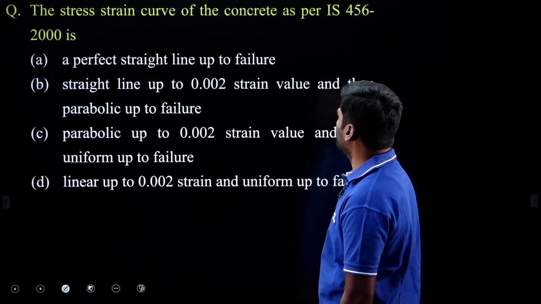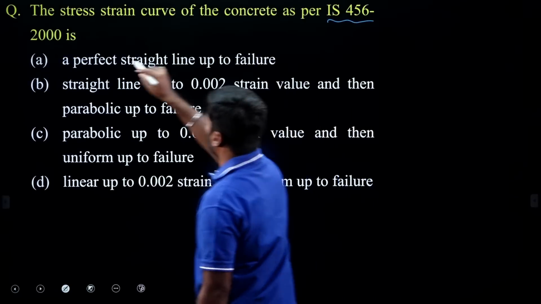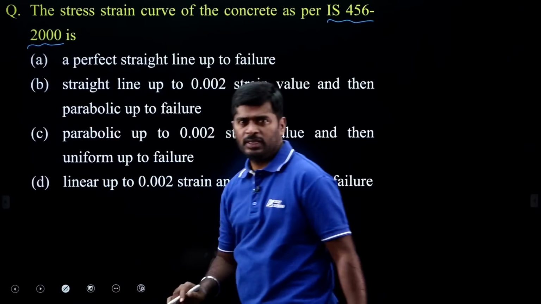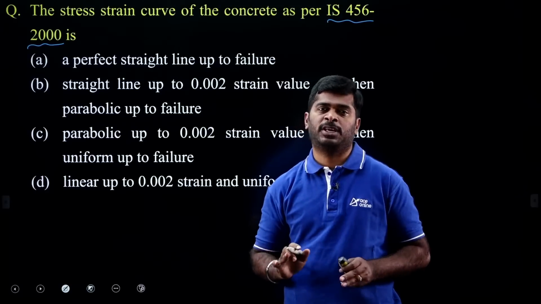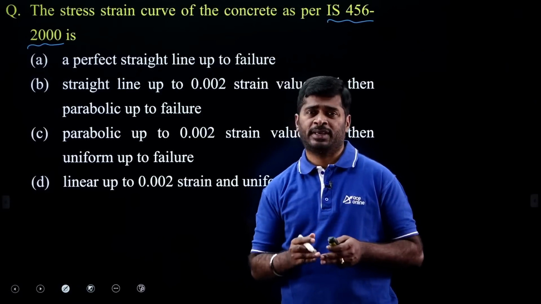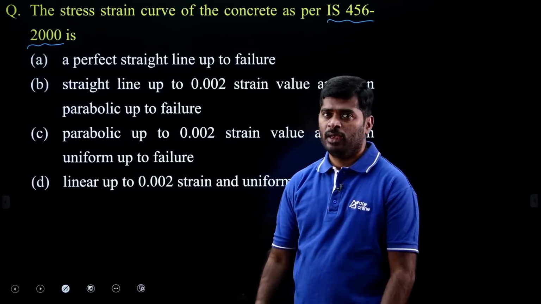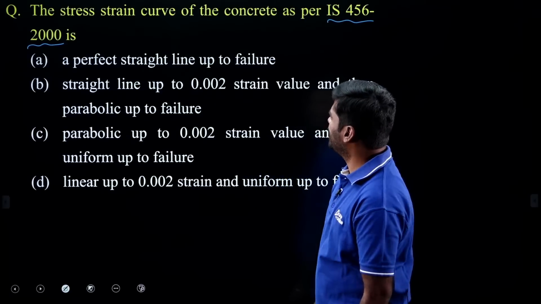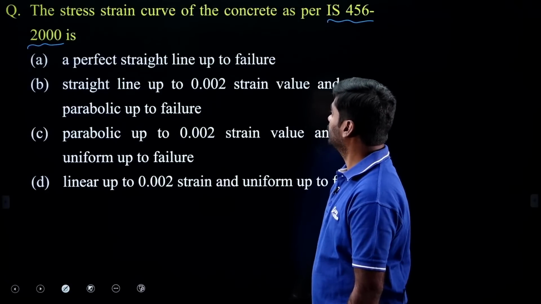The stress strain curve of the concrete as per IS 456-2000. This code indicates limit state method, mainly limit state method. At the end, the working stress method is also given, but mainly this code indicates limit state method. In limit state method, how is the stress strain curve of concrete selected?